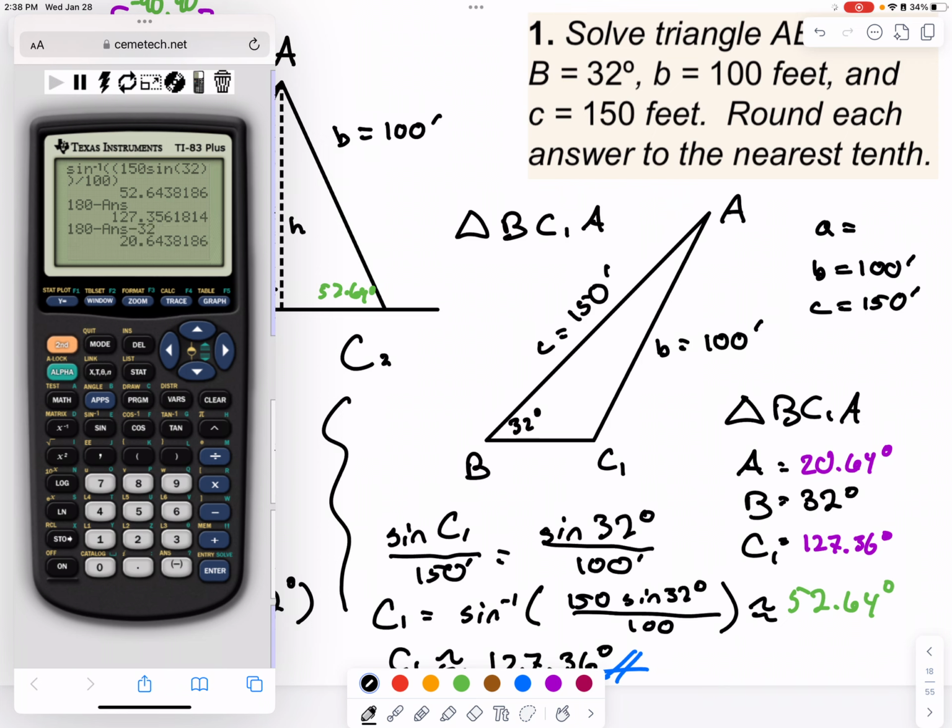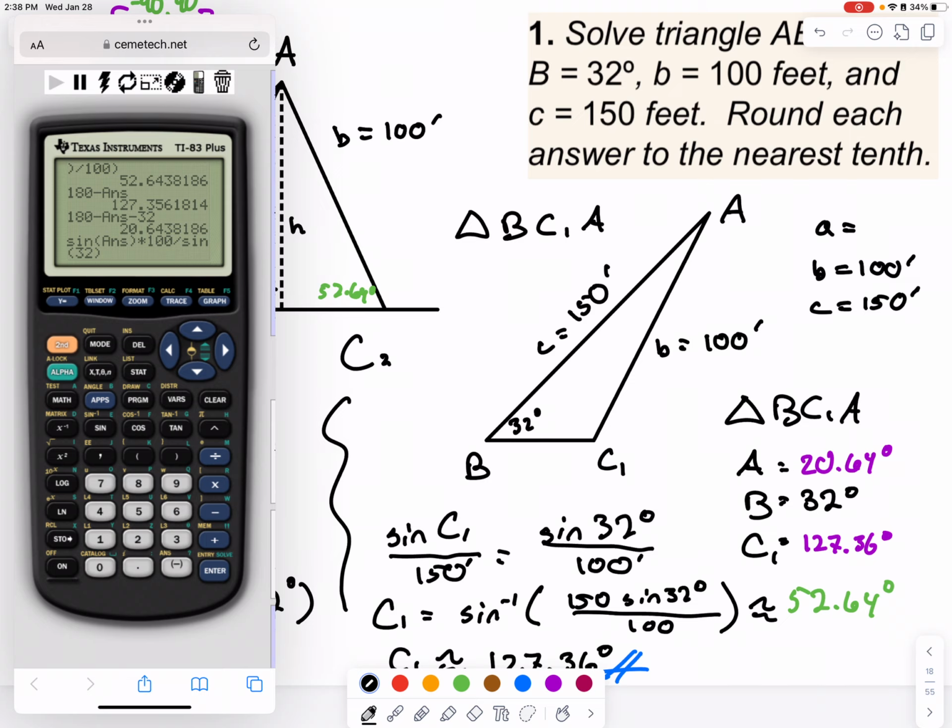Okay. So again, we're doing A over sine of A equals B over sine of B. So I want to multiply the sine of that answer, and then times B. Our B is the 100 feet, over the sine of angle B, so divided by the sine of 32 degrees.